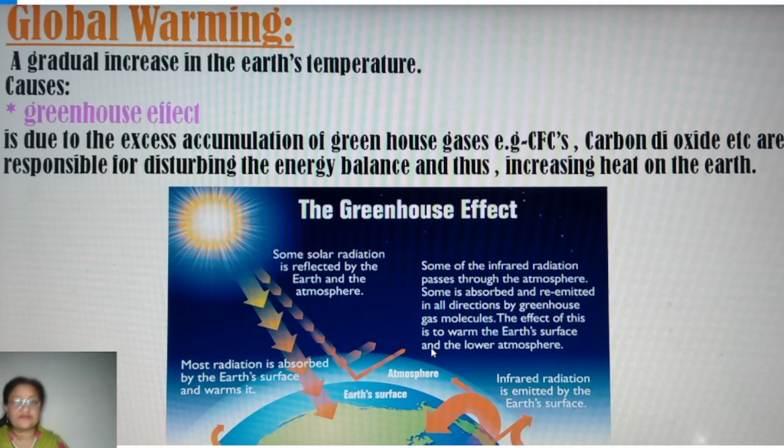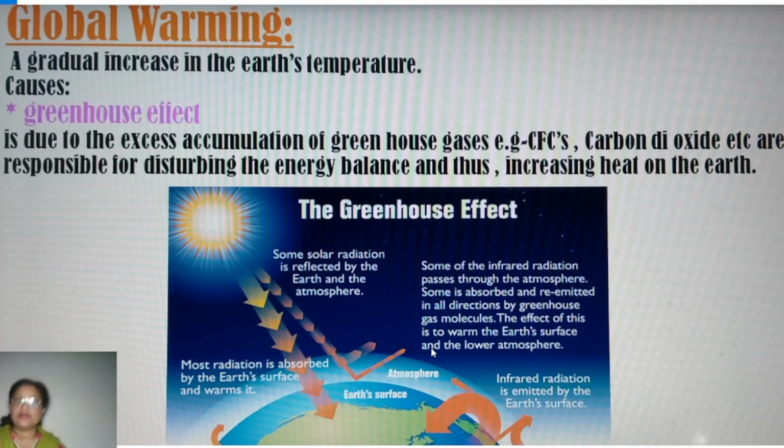Several such gases are being released, greenhouse gases and all. CFC is one of the big reasons. CFC is released by refrigeration and air conditioners and all. So several substitutes should be found so that it can be minimized. In this way, we can find some solution so that the depletion of ozone can be reduced.